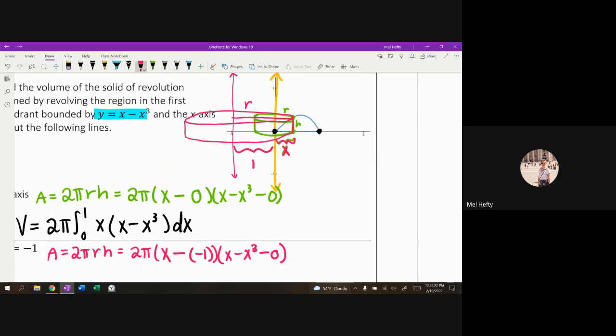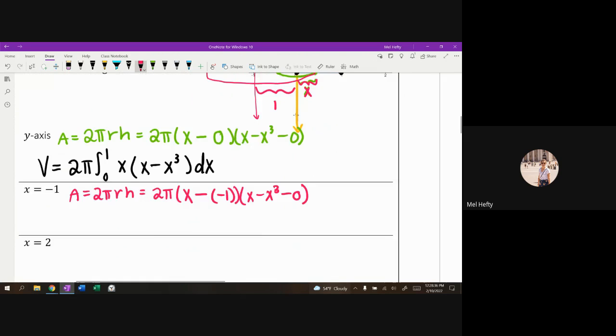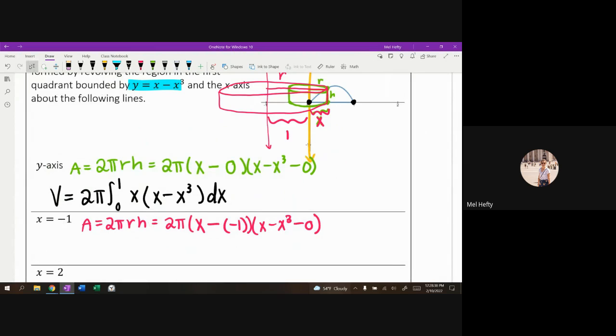It's going to represent whatever bound you have. Here, we have to add that extra distance 1, but we can remedy that by doing x minus -1. That was our axis of rotation. Yeah, so because this is farther away, you have the positive one as the distance. I love the theme of top minus bottom, so I'm always doing x minus my axis of rotation, but it turns out to be the same thing either way.